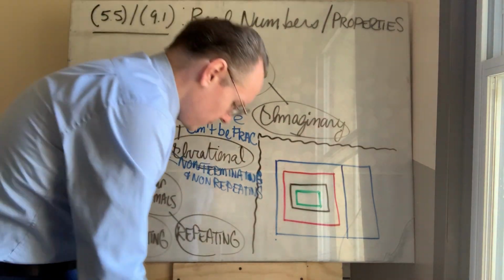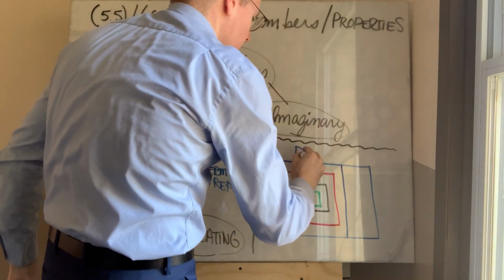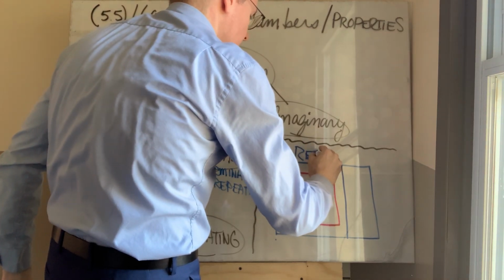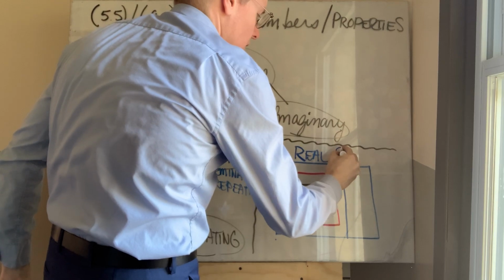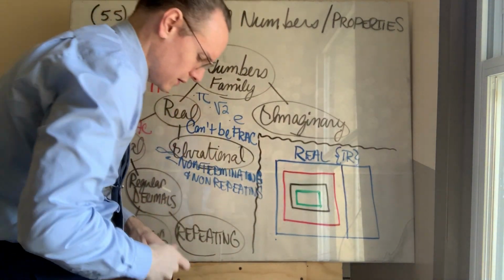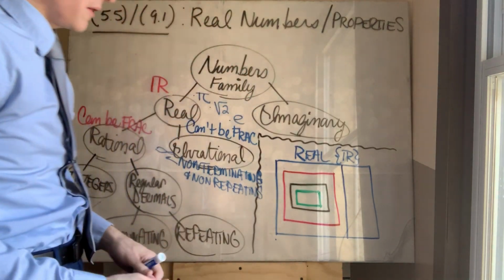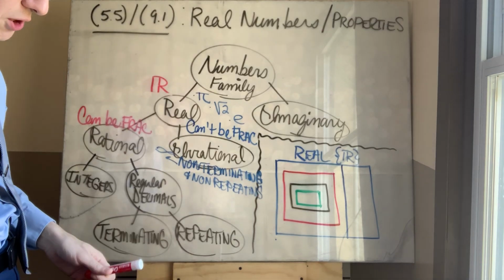All right. The outermost blue rectangle would just be the set of real numbers, right? Which consists of two things, right? That which is rational and that which is irrational.